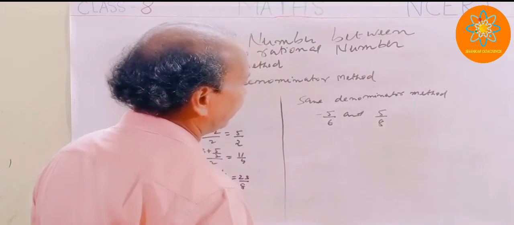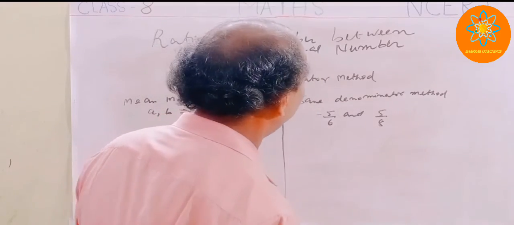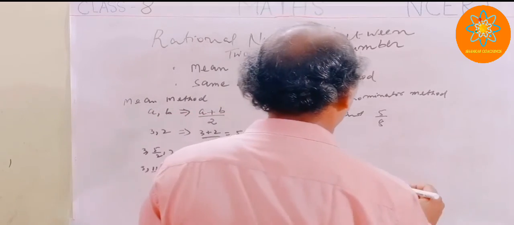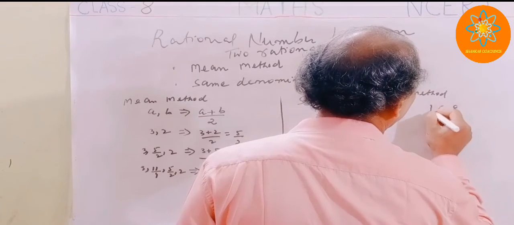For that I will make the denominator the same. For making the denominator the same, I will take the LCM of 6 and 8.